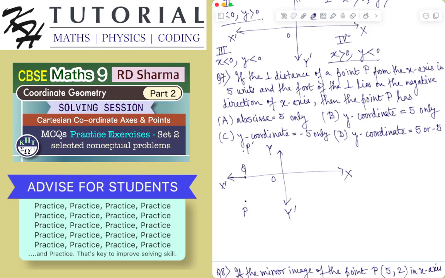We don't know the distance of the point P from the y-axis, that is not given. So we cannot say the abscissa or x coordinate of the point P or P dash or even Q. Let's say it is alpha, but we know that the point P is at a distance of 5 units from the x-axis.